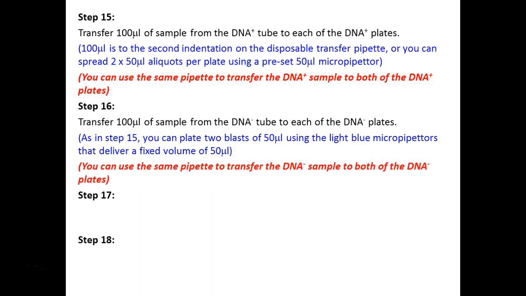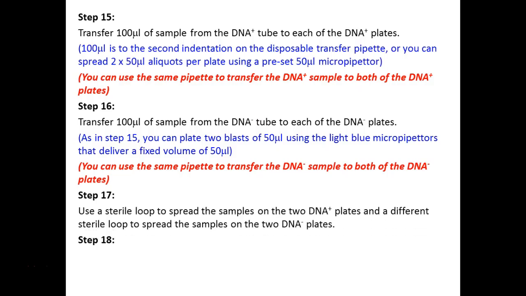It's an important point. Do you guys understand what I'm trying to tell you? Okay. Plus tube onto 2 plates, minus tube onto 2 other plates. Don't cross-contaminate plus and minus. Different tips for plus and minus. You don't have to do a different tip for each plate, just each tube.